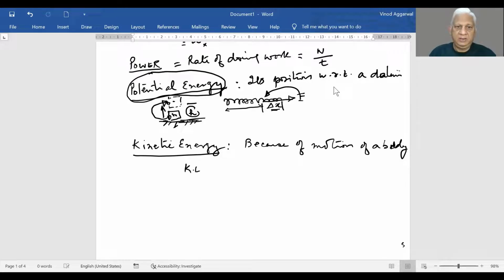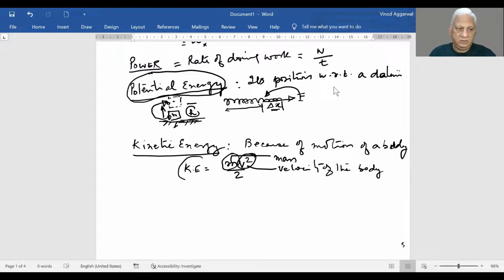So kinetic energy is equal to mv square by 2, where m is the mass of the body and v is the velocity of the body. Because of velocity v, a body of mass m will acquire some energy, which is called kinetic energy.